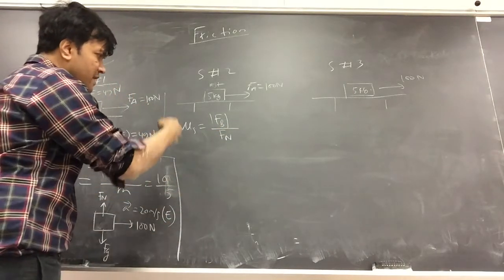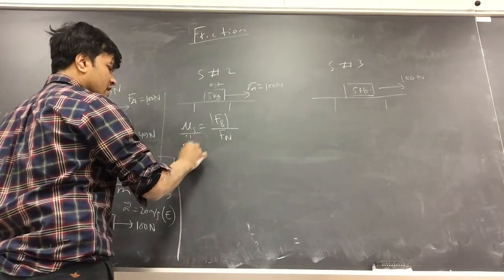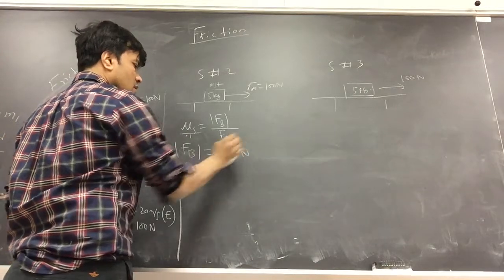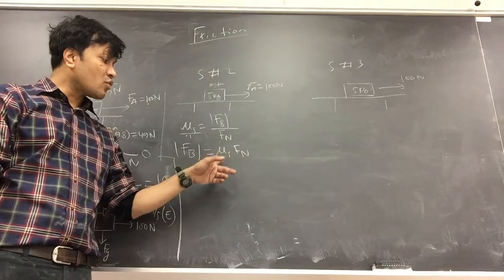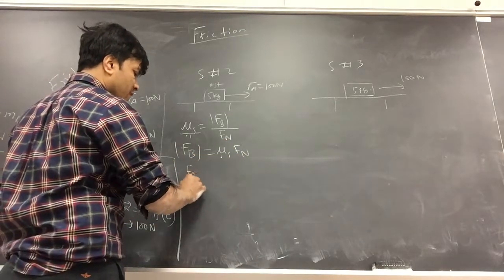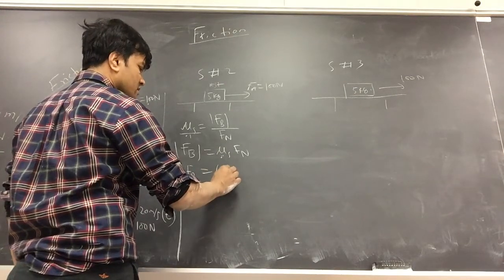If you do cross multiplication, the overcoming force is equal to mu sub s, the coefficient of static friction, times the normal force.